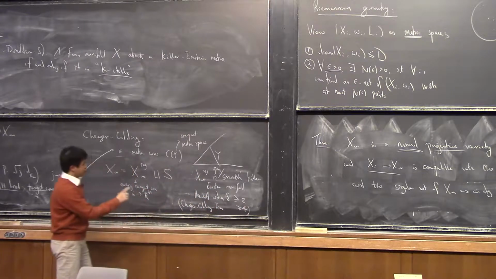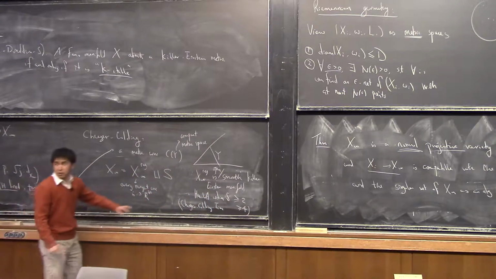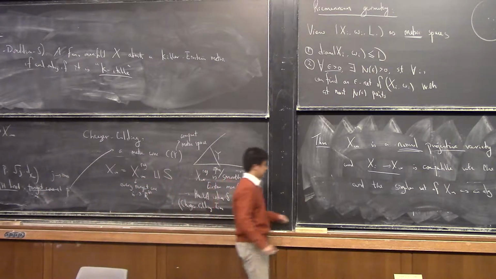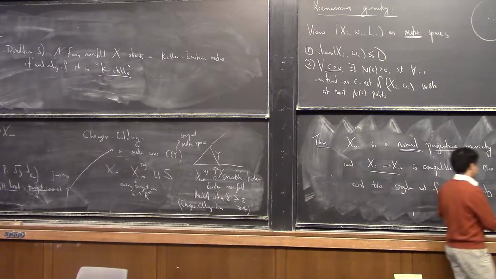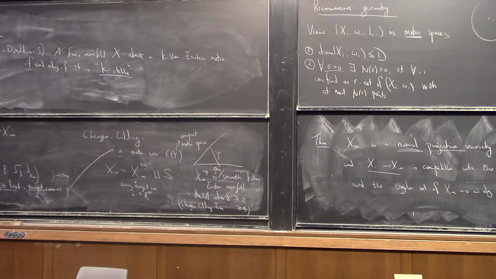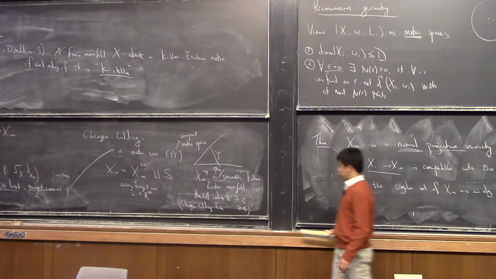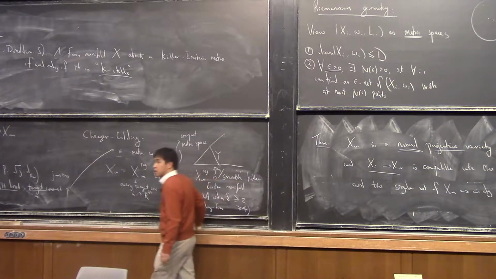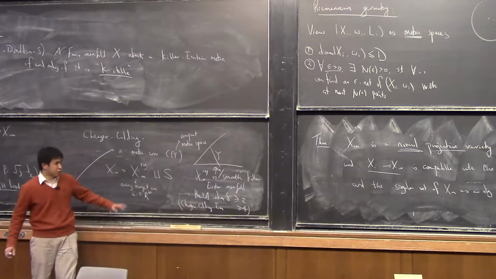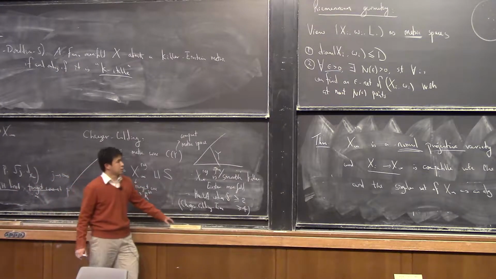But in the proof, we don't need this codimension 4 condition. If you only assume the lower bound of Ricci curvature, then you will only get this codimension 2.